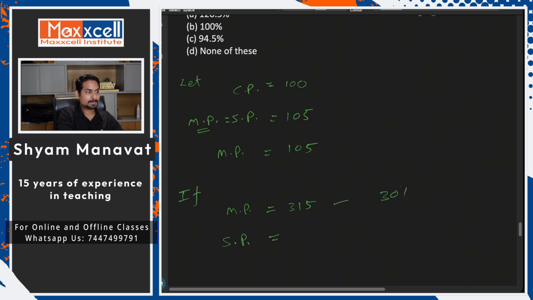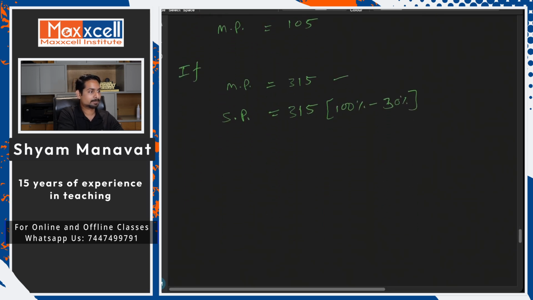The selling price is 100% minus the discount percent, so it is 315 into 70%.